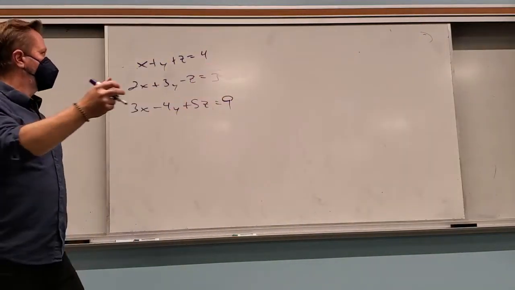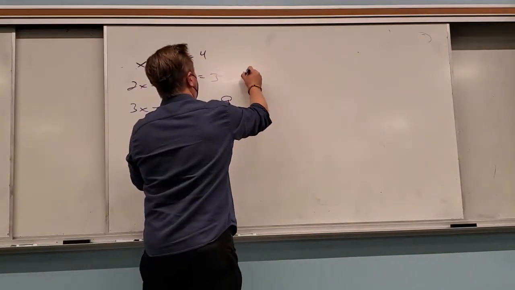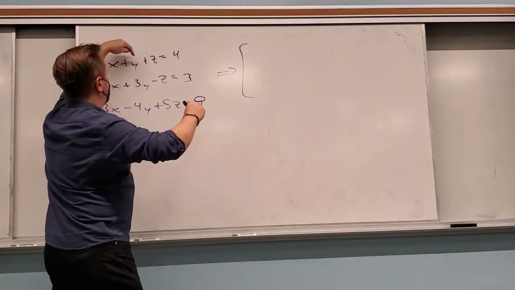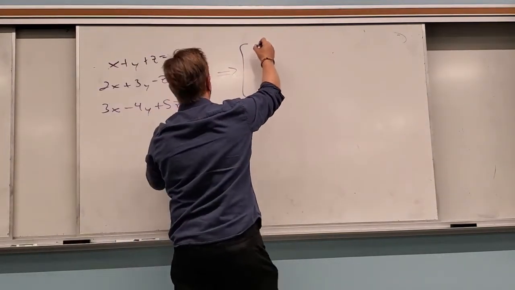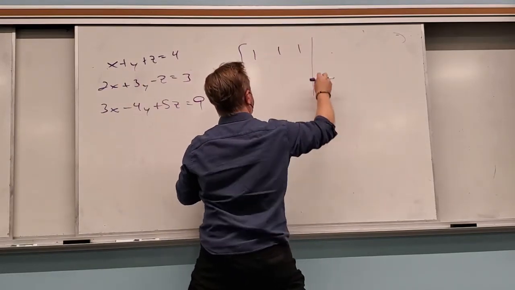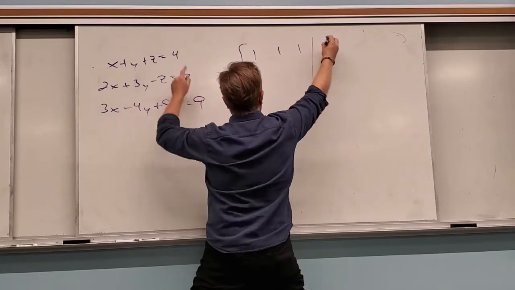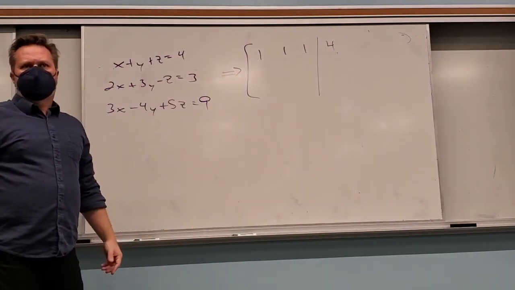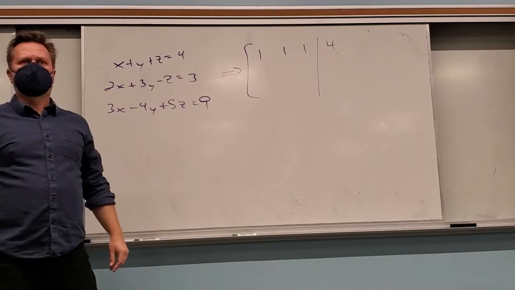So look what I'm going to do. I can convert this into a matrix. What are the coefficients here? 1, 1, 1. I put a line for the equals. 4. Is that cool? You guys see that? So just collecting the coefficients.